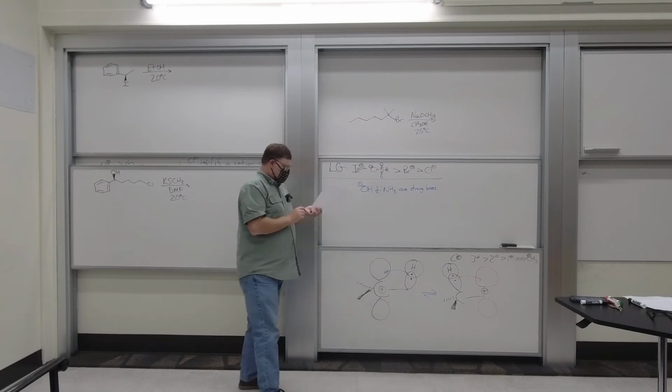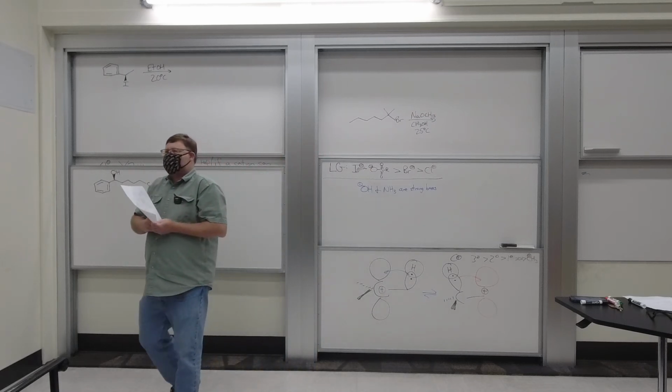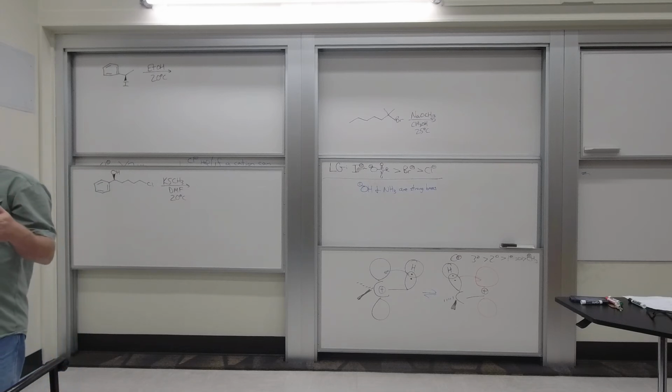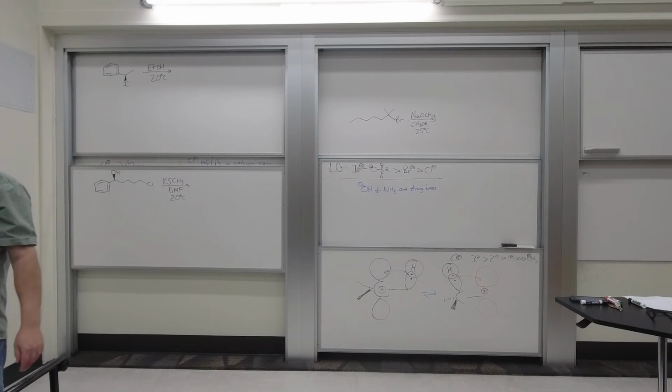Hydroxide and ammonia are strong bases. Weak and strong, in any respect, is always a comparative thing. Fast, slow, weak, strong.